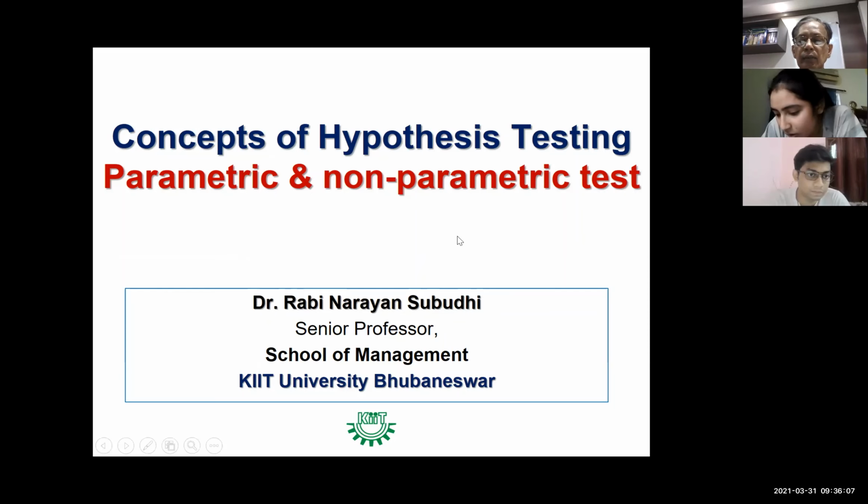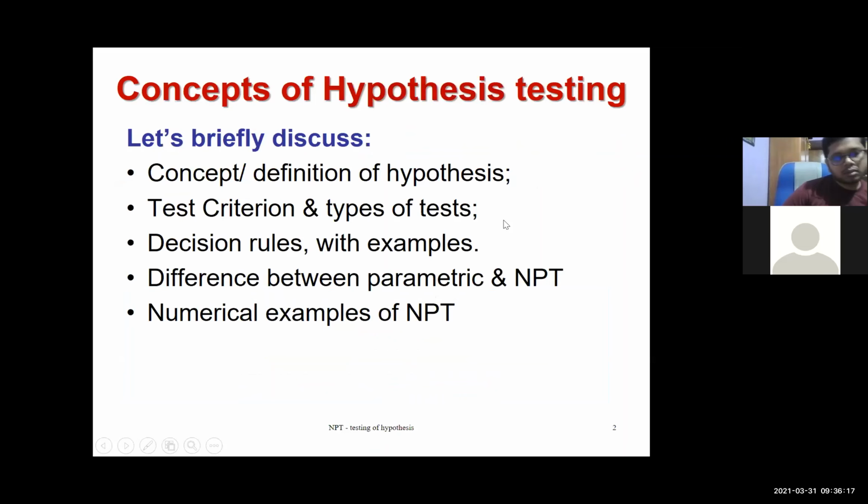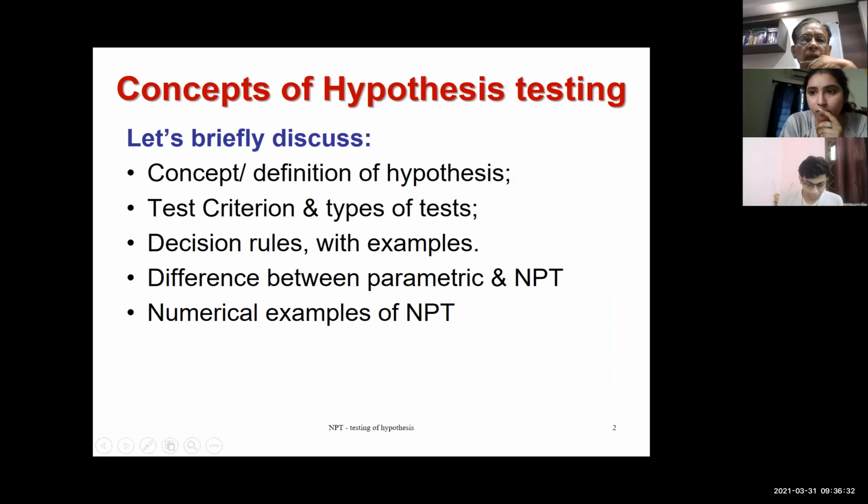And whatever we'll be discussing today, I would be happy if you can please note down quickly in your notebook also. So this is the plan. We'll be briefly discussing the definition and concepts of testing of hypothesis, and of course, the very word hypothesis. And how and why we use the formula, that we will discuss again as a quick recap.